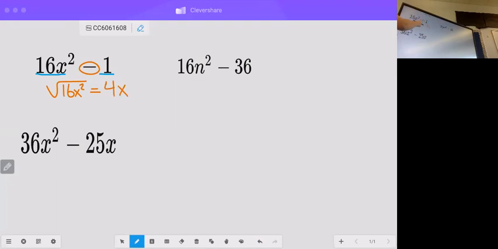The 4, because the square root of 16 is obviously 4, but x squared and the square root, those cancel each other out, and then you're left with just a regular x at the end, okay? Now, if we take the square root of 1, that's going to give us 1. So right here, we have a difference of two squares. We could rewrite this as 4x squared minus 1 squared, okay?